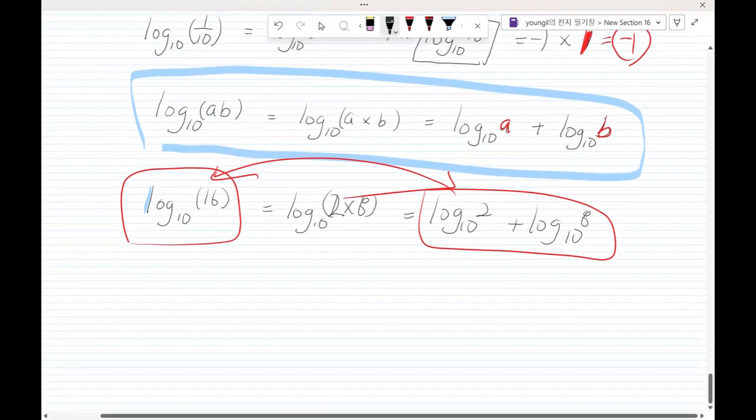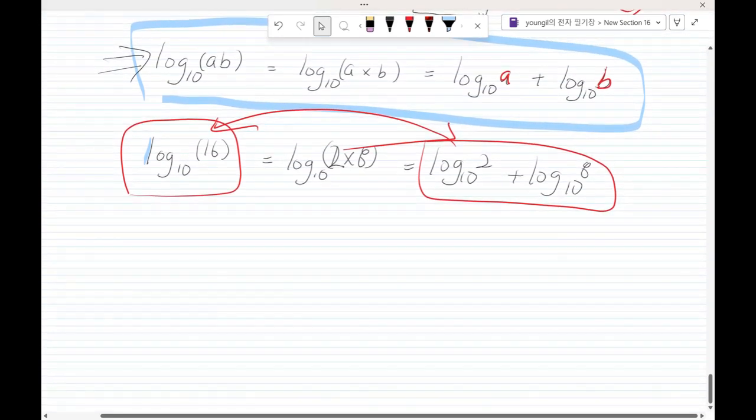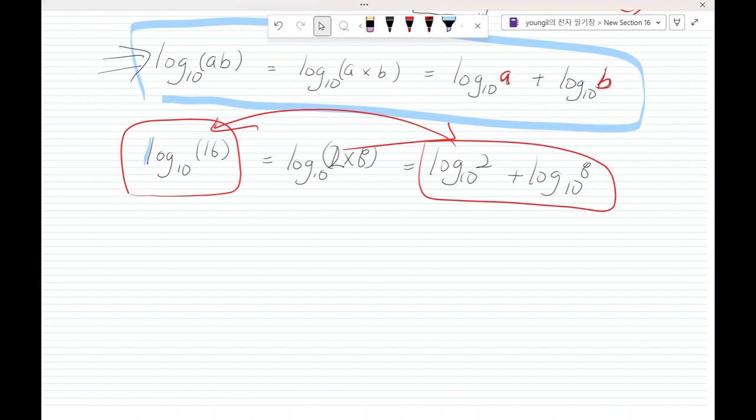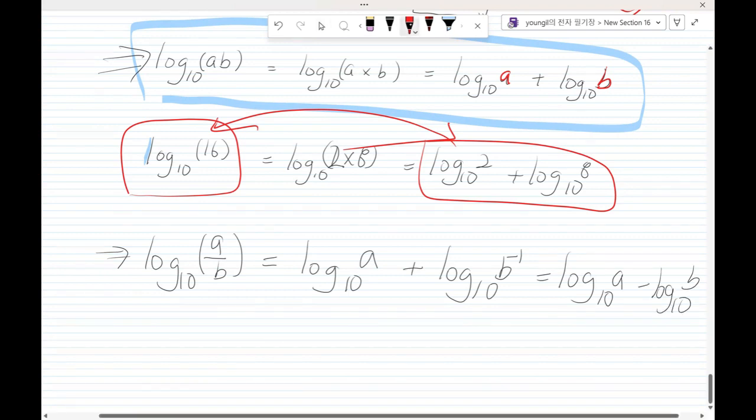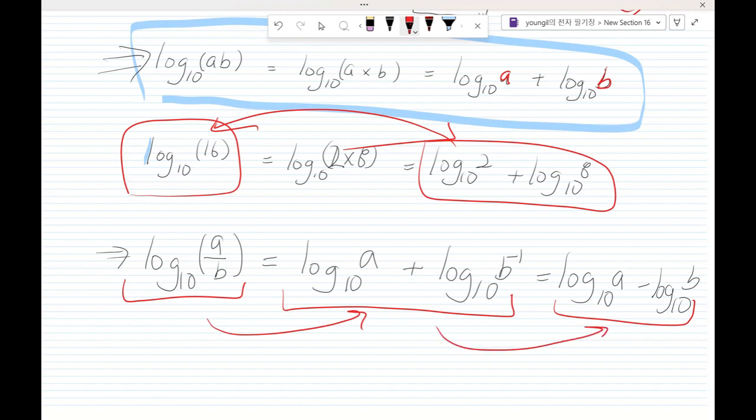Same, right? Show how to use the log button.